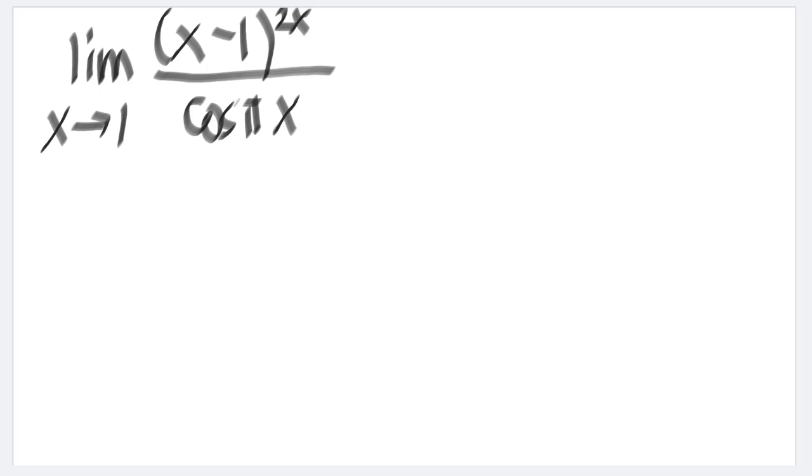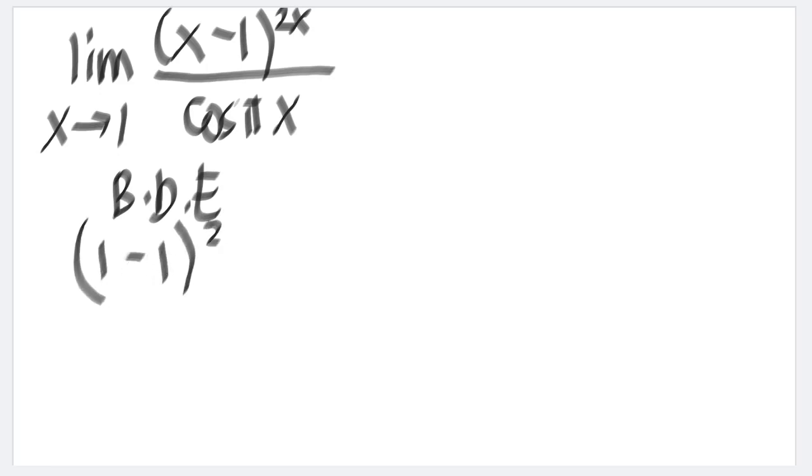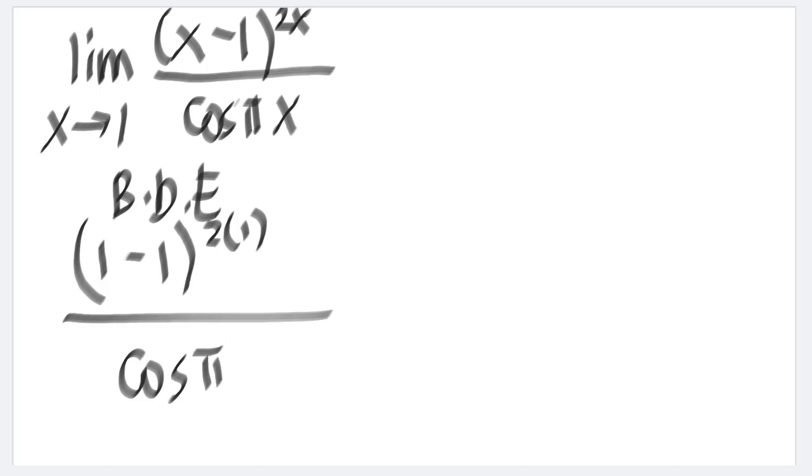By direct substitution, you substitute the value of x equal to 1. So the limit of this one would be (1 minus 1) raised to 2 all over cosine pi times 1.